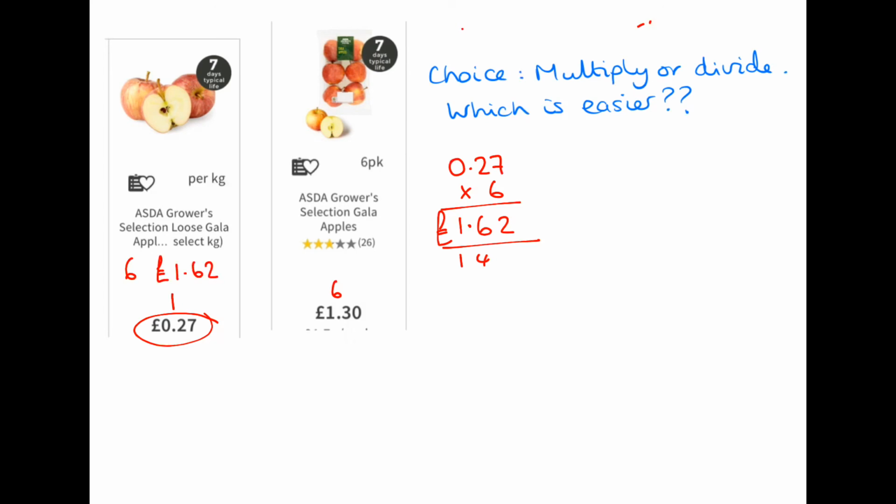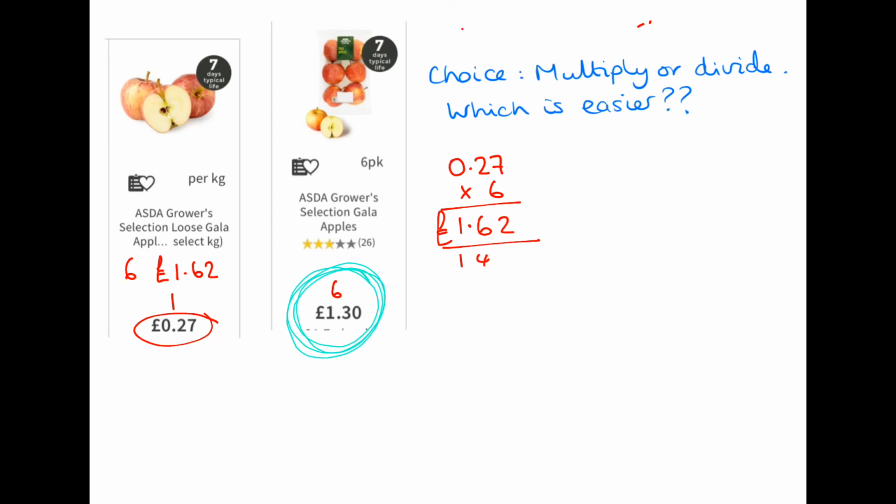Whereas if we buy a pack of 6 apples, it costs us £1.30. So the individual apples are not as good value as the pack of 6 apples. If we're looking at best value, then this is definitely best value because it's £1.30 rather than £1.62.